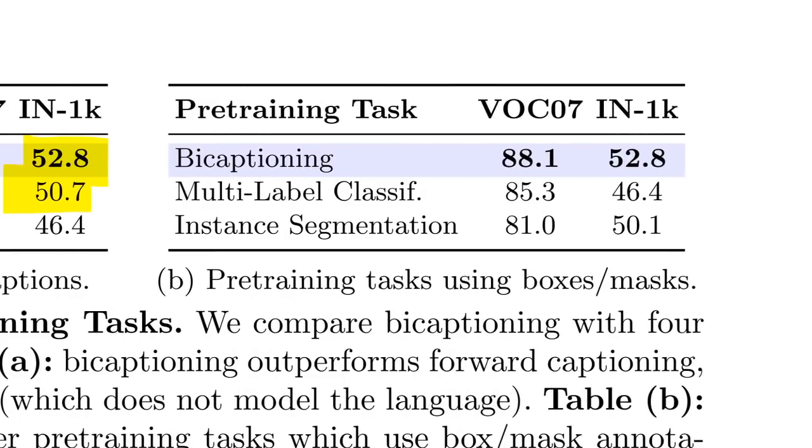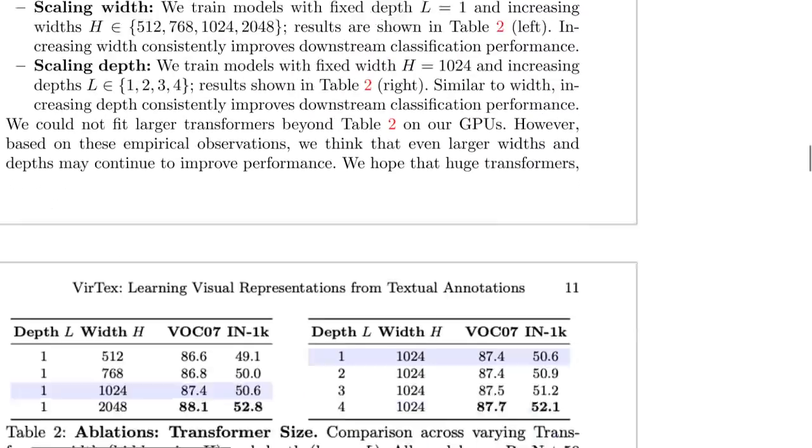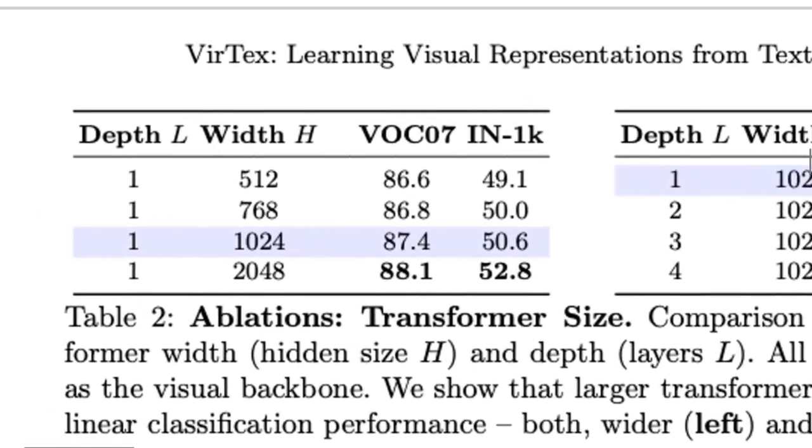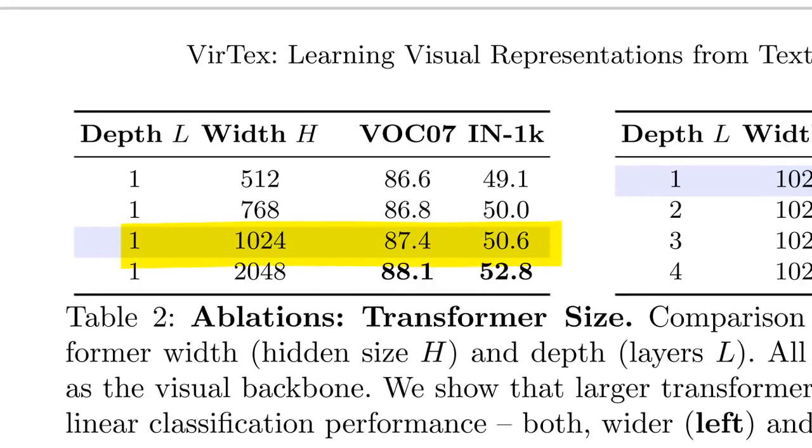And they also find that it significantly outperforms other pre-training tasks that they could do. And they also investigate how big their models should be. So here, this is their baseline model. Oh, I was wrong actually. It's one layer of width 1024.